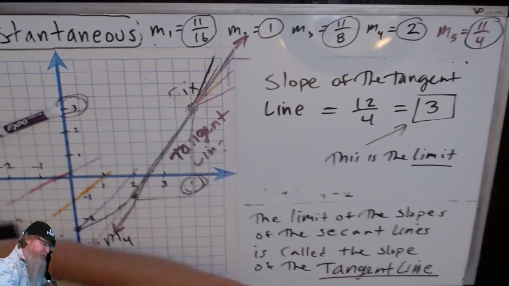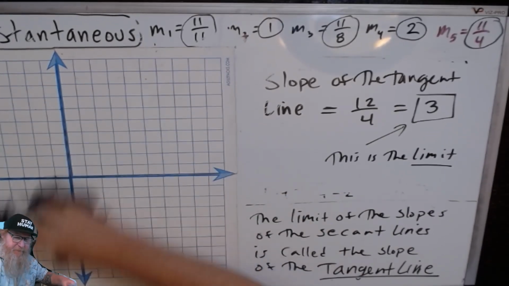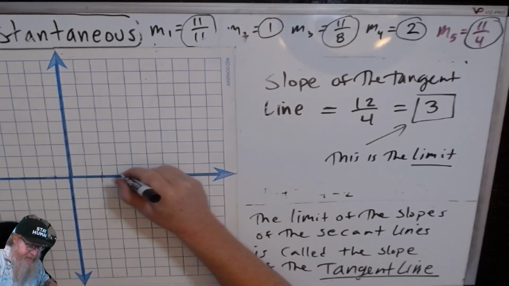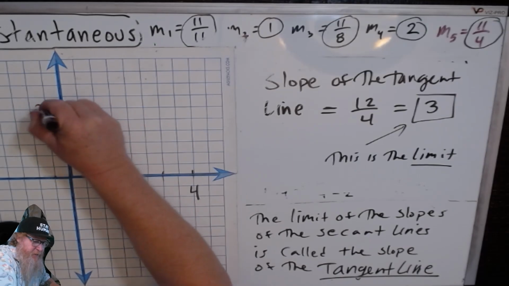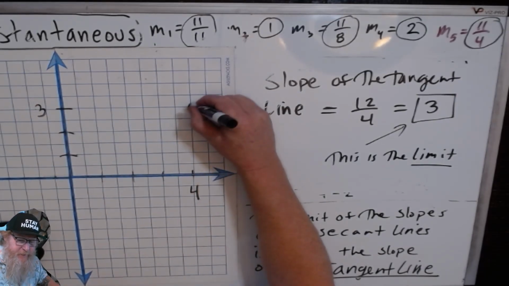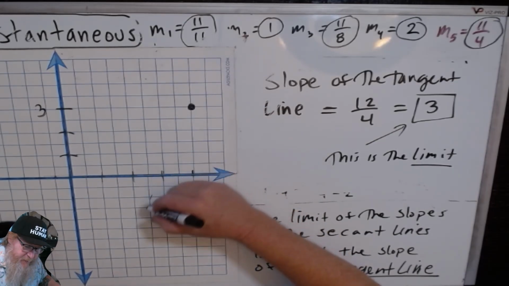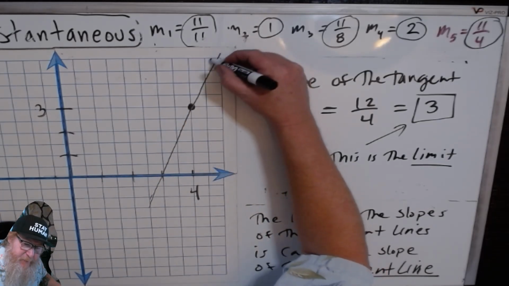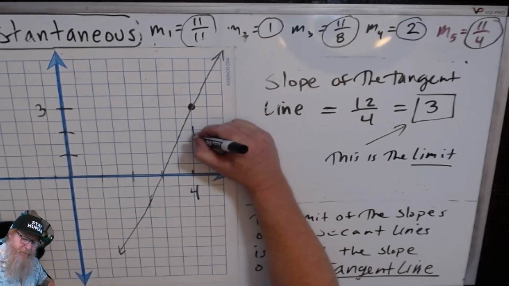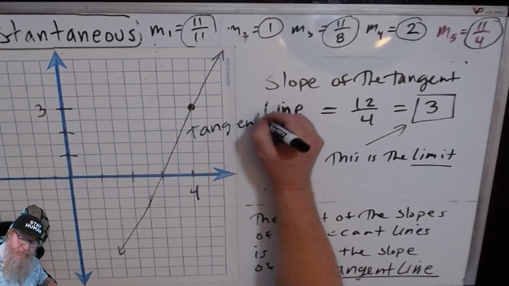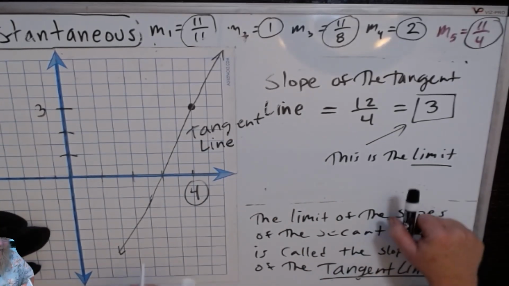It's very difficult to see that on a messy graph, but if I did it very cleanly, there's 4. Sometimes I'll give you a much cleaner version of this. And then the slope is like this. There's the tangent line at x equals 4. And now it's a little bit easier to see.